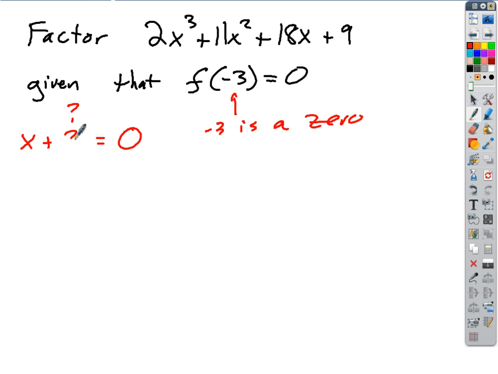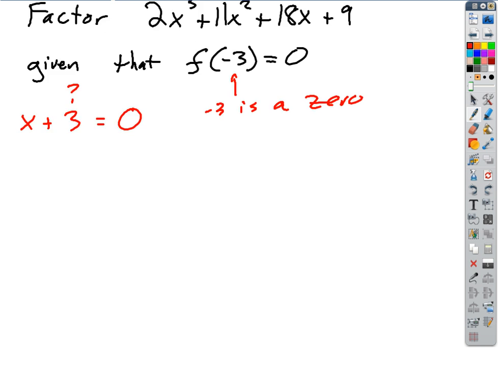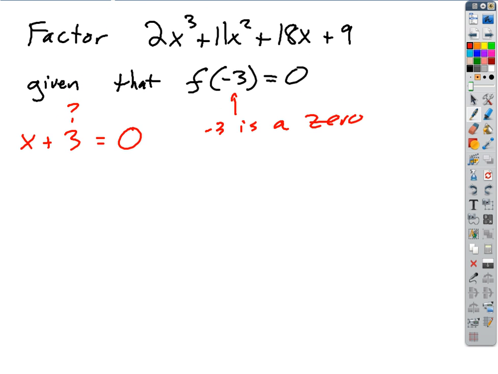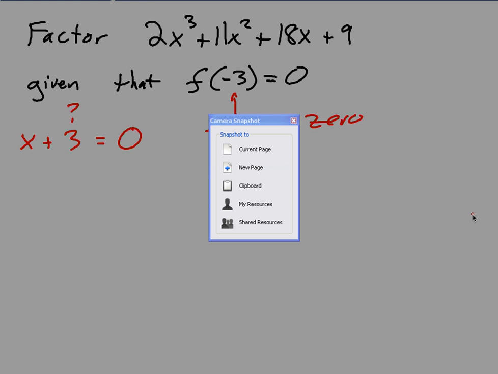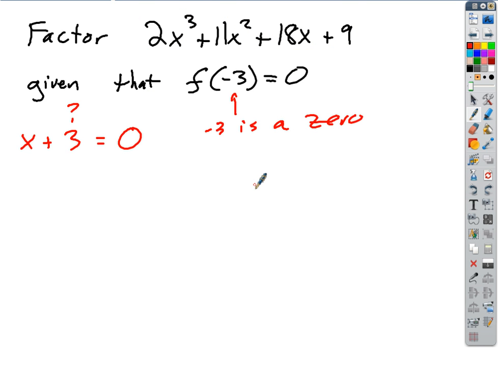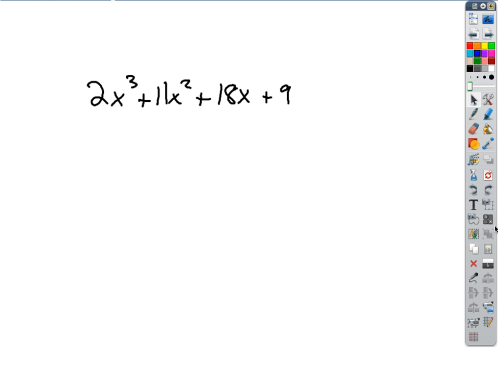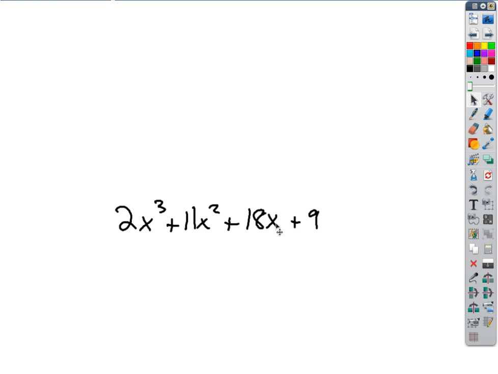If I set the factor x plus 3 equal to 0, I get the answer x equals negative 3, right? So what that's implying is that the original polynomial that we're starting with, when I break that thing down into pieces, when I factor it, that's telling me one of the factors, isn't it?